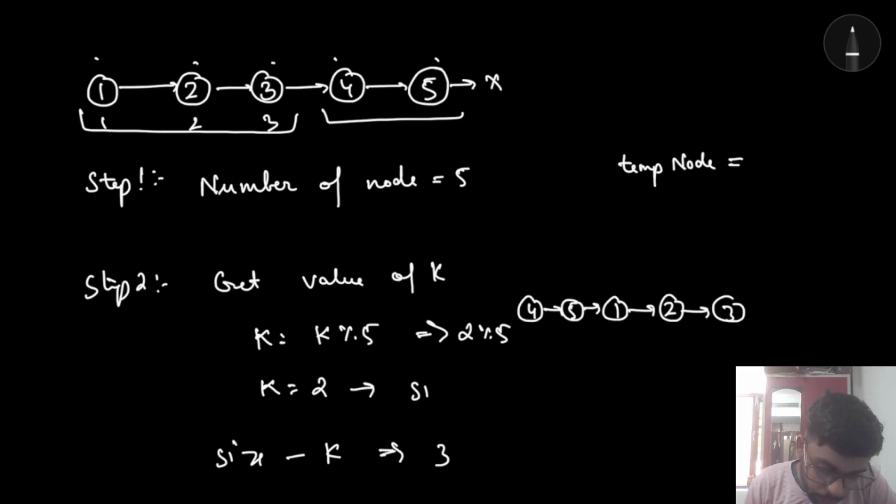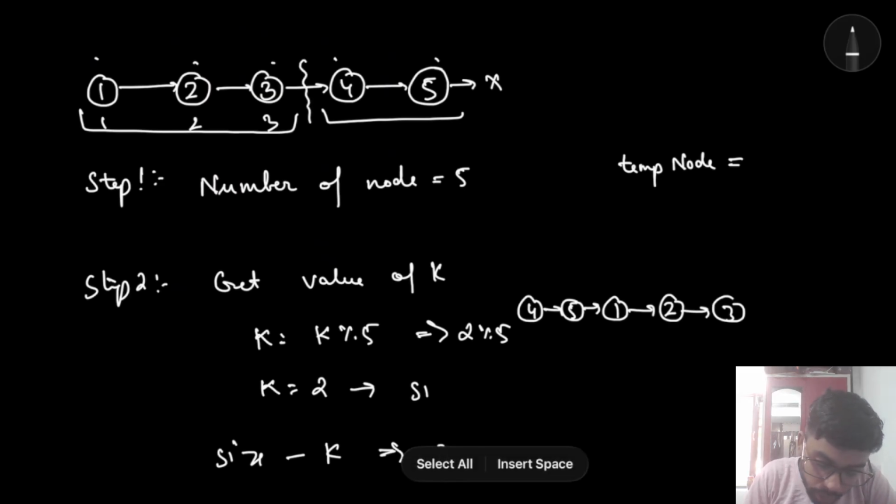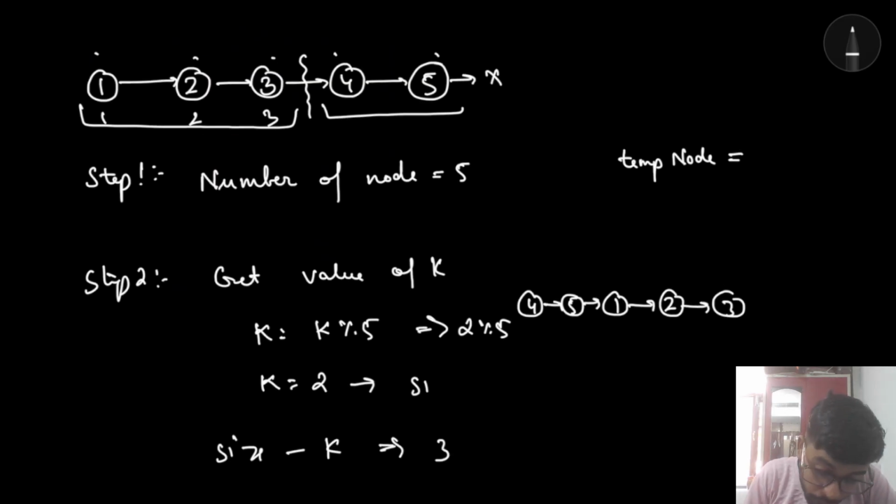So what I need to do is I need to get where I have to chop off, and then I need to get the address of the tail as well. I need to get the tail as well.